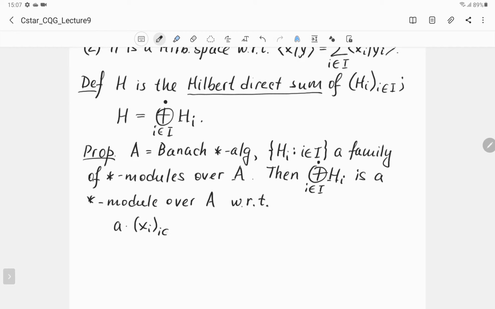So we apply our element coordinate-wise to each coordinate in our family.